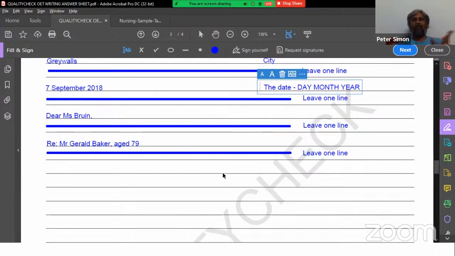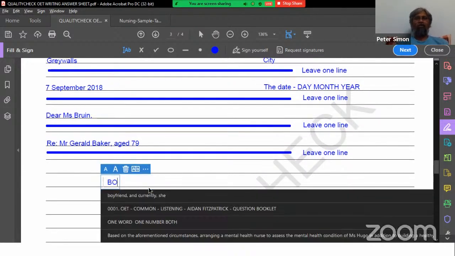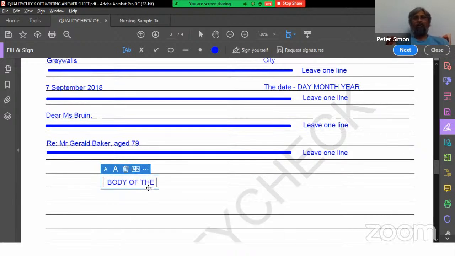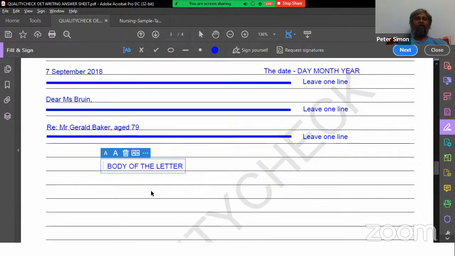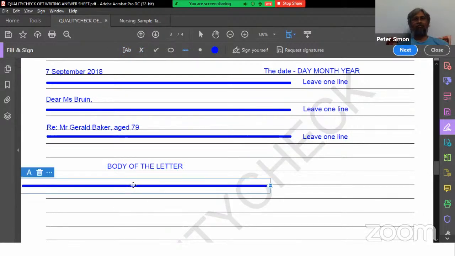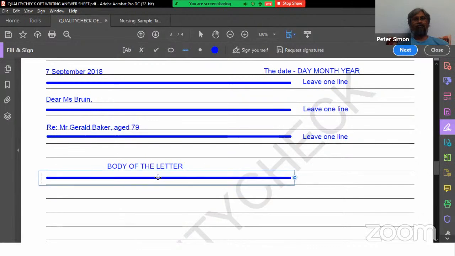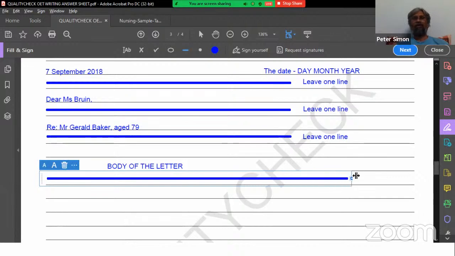Yes. Now finished. Now we are going to write the body of the letter. Body of the letter. Wait. Let us end other things. And now, after writing the body, body we will see next. Body will be written separately on the next page.